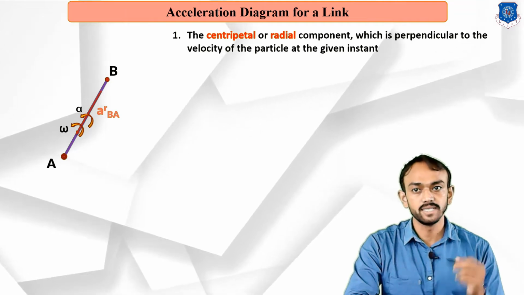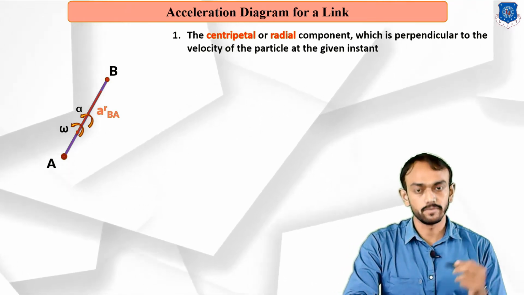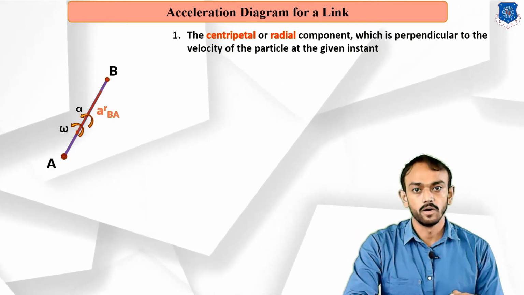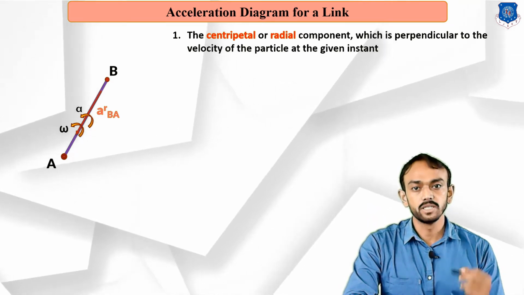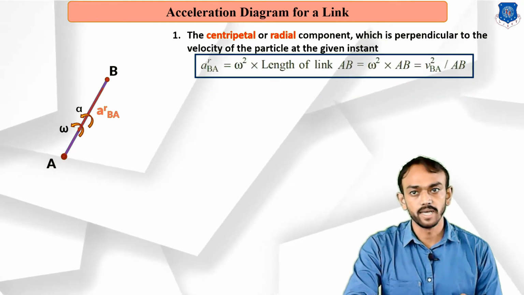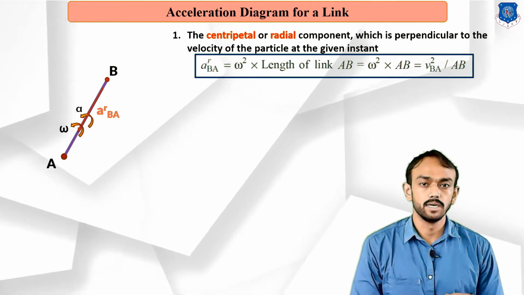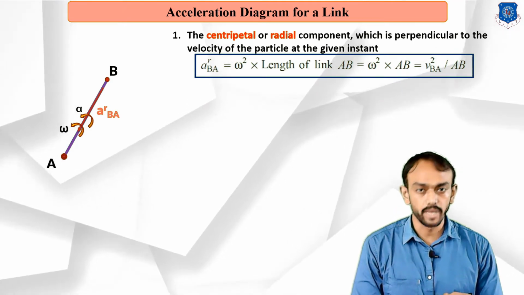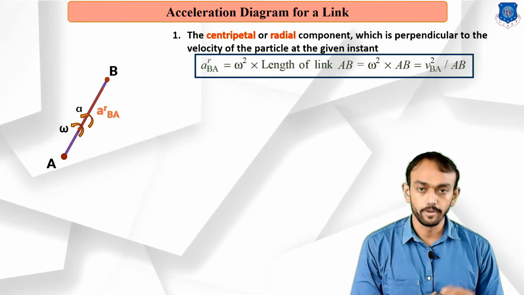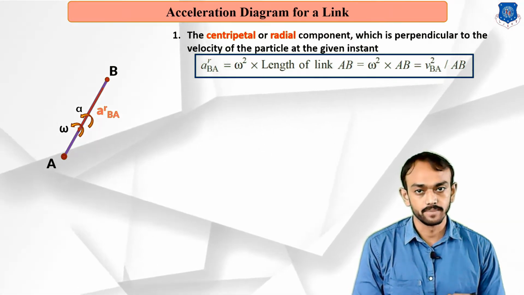You can see here a_rBA means the radial component of acceleration of B with respect to A. There is a formula, which you can see on the screen. The radial component of B with respect to A is the angular velocity square into the length of link AB.